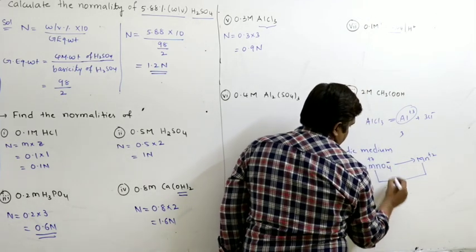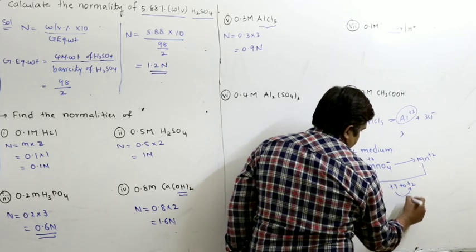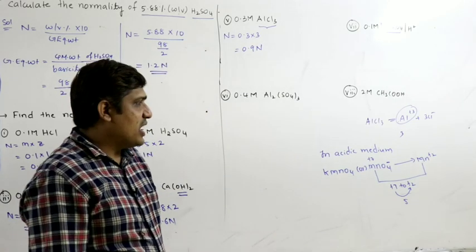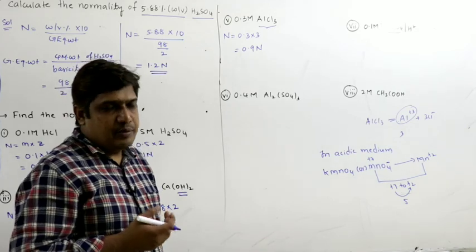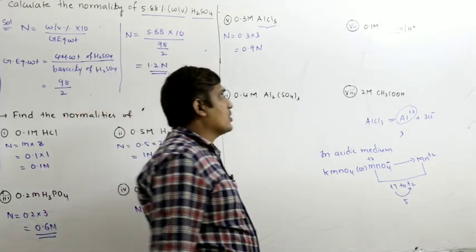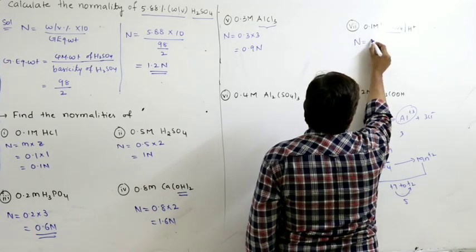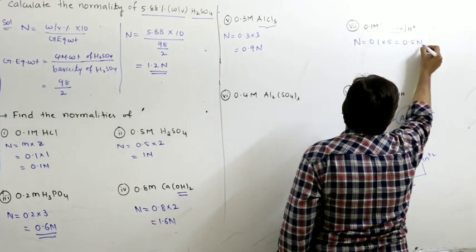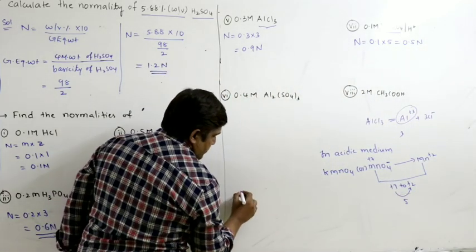Here it is plus 7, so plus 7 to plus 2. That means 5 units change. So, what is the valency? 5. 1 mole of KMnO4 in acidic medium gains 5 moles of electrons. So, what is the valency? 5. So, normality equals molarity into 5. This is 0.5 normal.